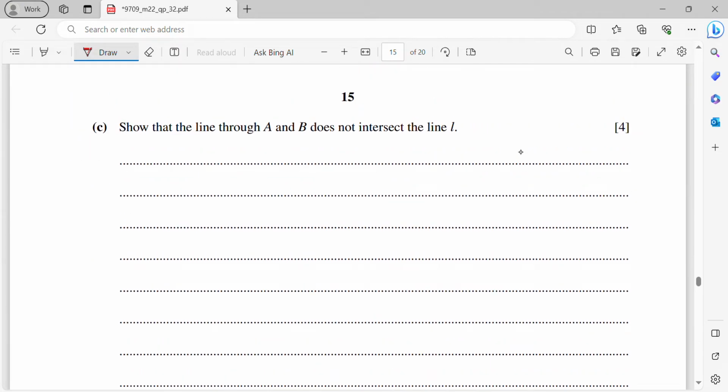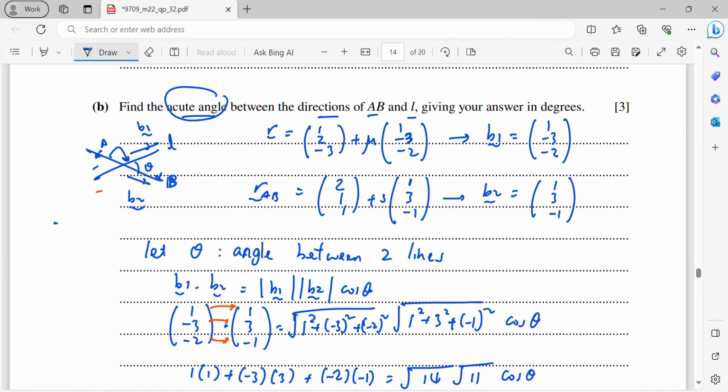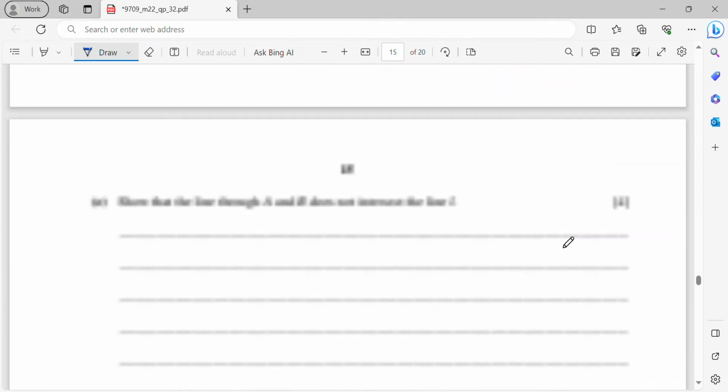Now, show that the line through A and B does not intersect with the given line. So now I will write r equals to r_AB. When you look at the question here, I will write 1 plus mu, 2 minus 3 mu, minus 3 minus 2 mu. I open the brackets.